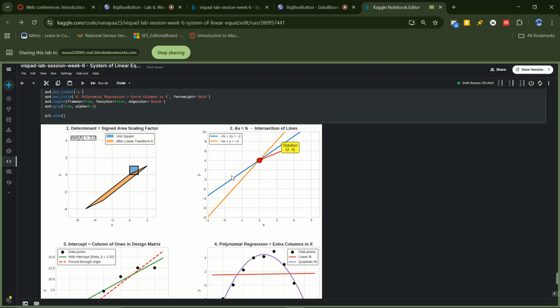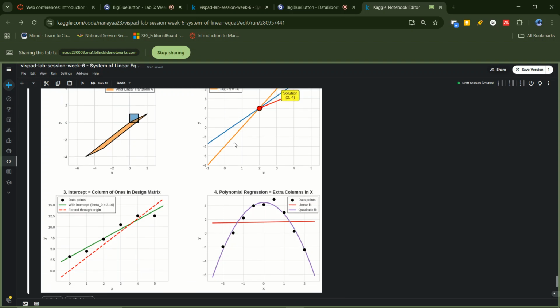The red dot represents our solution, or the unknown. That is the point at which the two lines intersect. So this shows that solving a system of linear equations is geometrically finding where both equations are true at the same time. So this is just some concept.